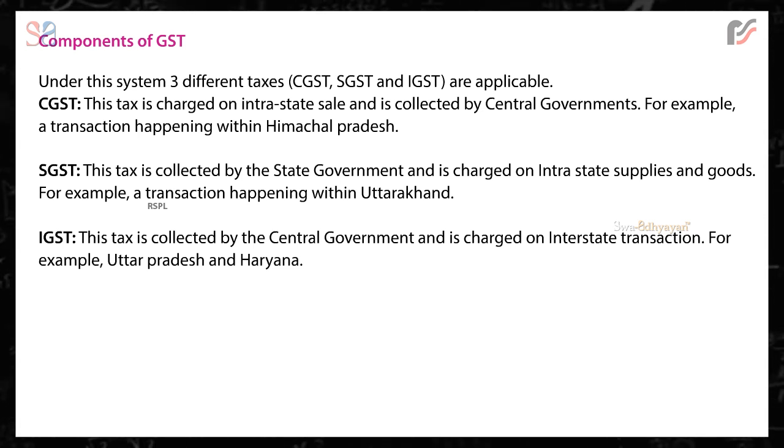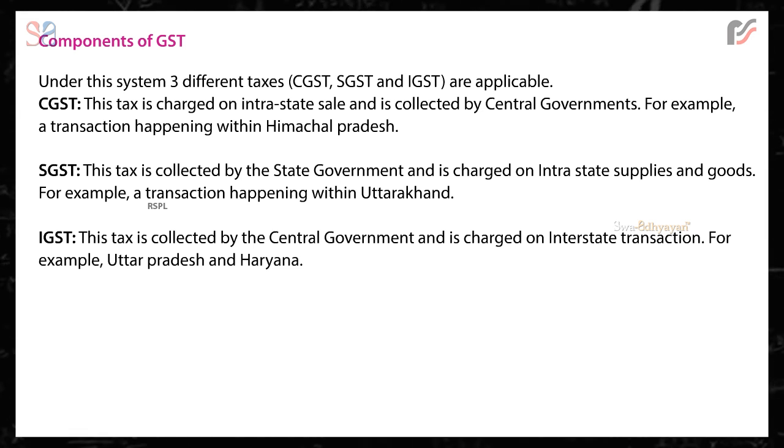SGST. This tax is collected by the state government and is charged on intrastate supplies of goods and services. For example, a transaction happening within Uttarakhand. IGST. This tax is collected by the central government and is charged on interstate transactions.